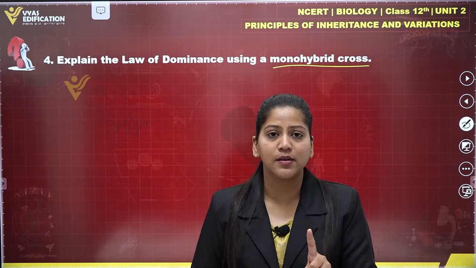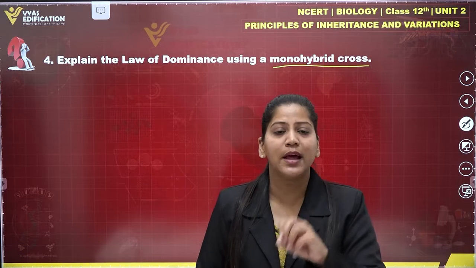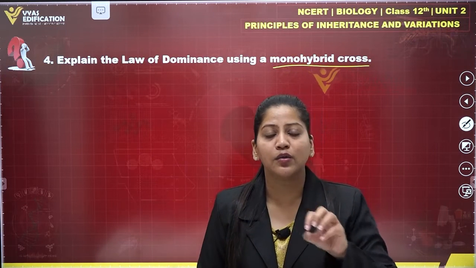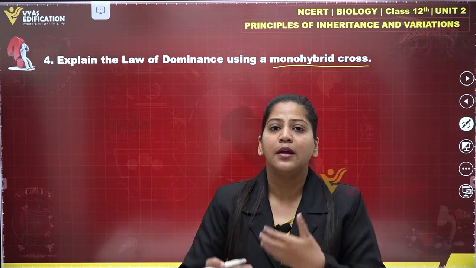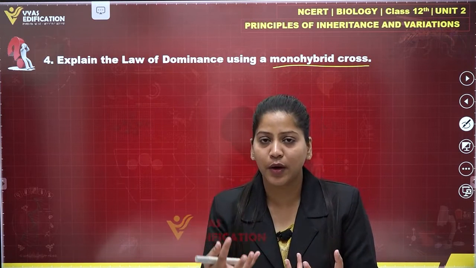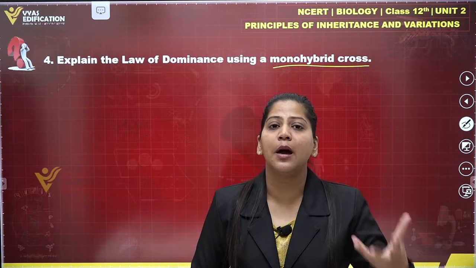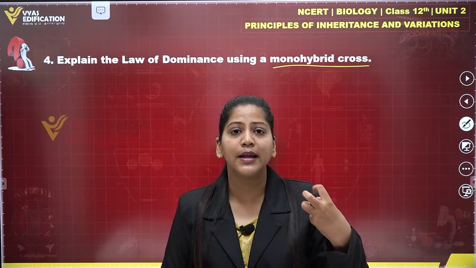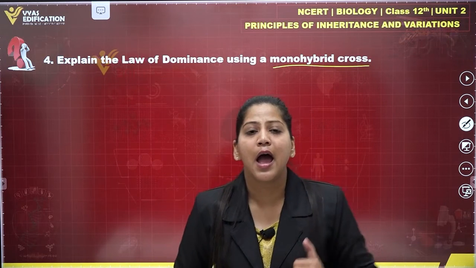When Mendel did selfing between the heterozygous tall plants, we found that in the F2 generation some plants were homozygous tall, some were heterozygous tall, and the recessive pair of alleles reappeared, similar to one of its parents. So the recessive allele expresses itself in the F2 generation.